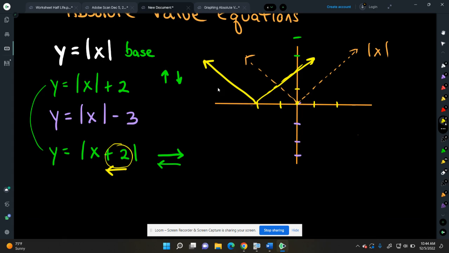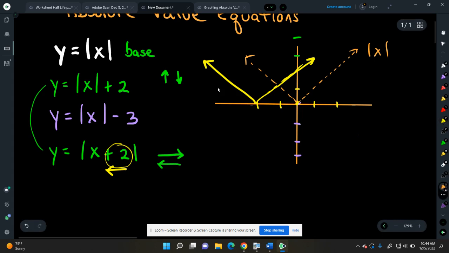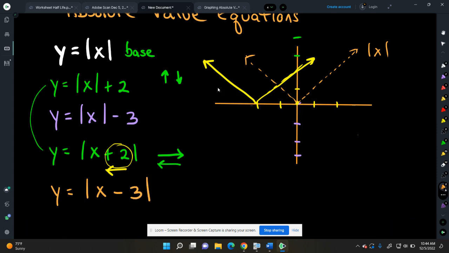Plus 2, you would normally think to go to the right. This is minus 2, so we're going to the left. So if I have y equals the absolute value of x minus 3, it's going to the right 3. I start right in the middle, and I'm moving to the right 3. So there you go.